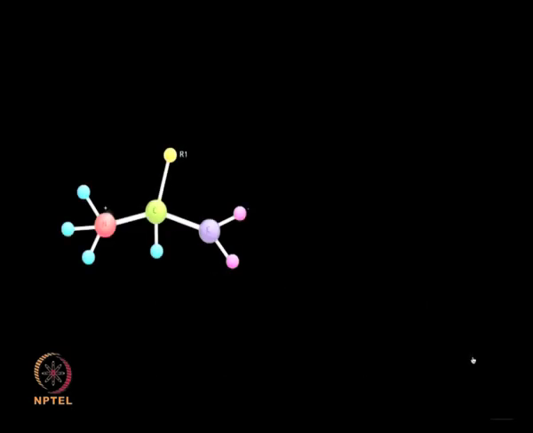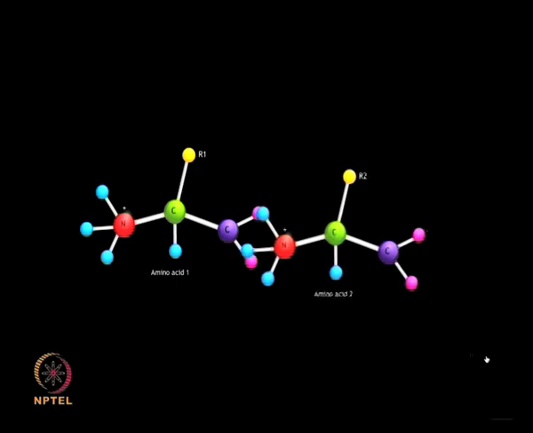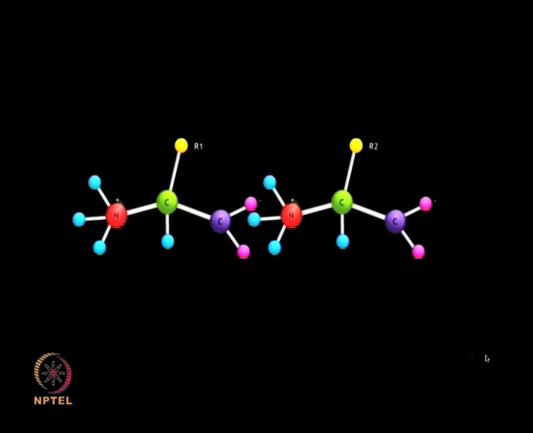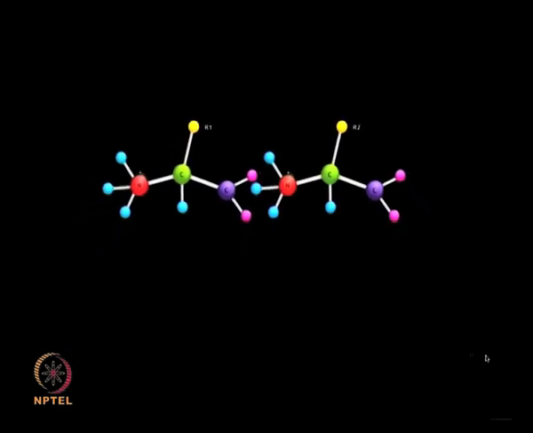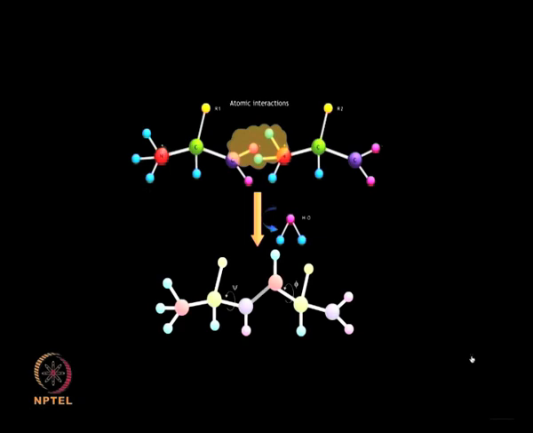Amino acids are the building blocks or monomers that make up proteins. Amino acids are oriented in a head to tail fashion and linked together such that the carboxyl group of one amino acid combines with the amino group of another amino acid. Two amino acids joined together by such a condensation reaction with the loss of a water molecule form a dipeptide.